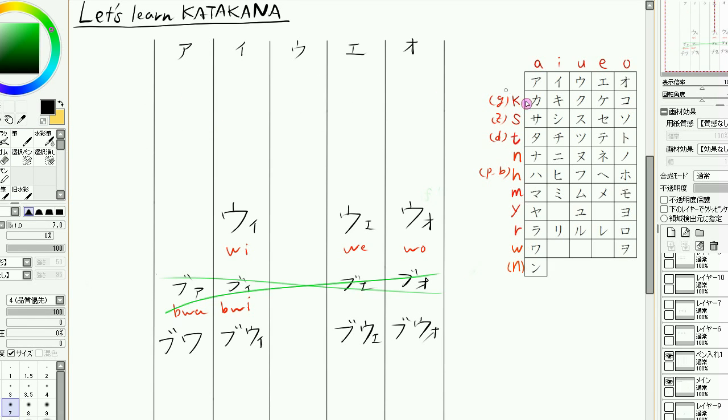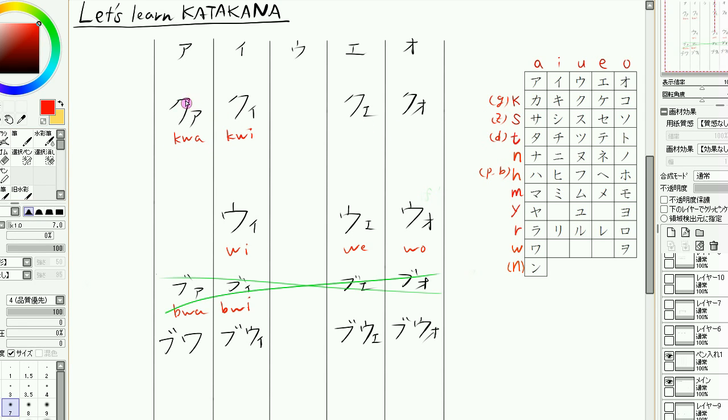And that will be also the case with actually this one. Actually, in the K row, we also have this expression sometimes, although it's very rare, when we use it to express this kind of sound: qua, qui, que, quo.